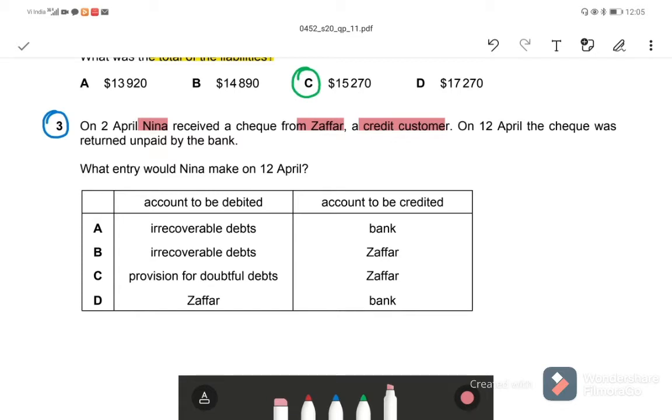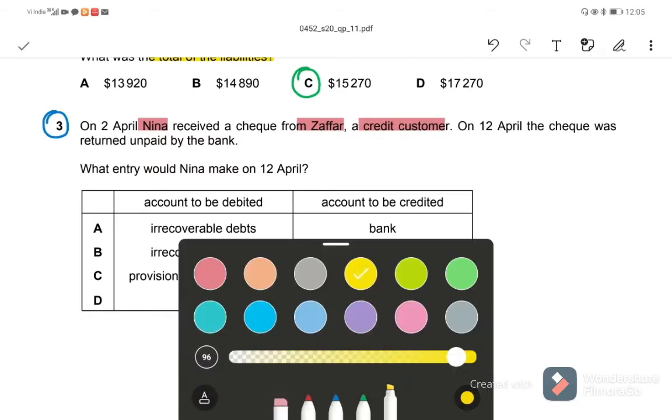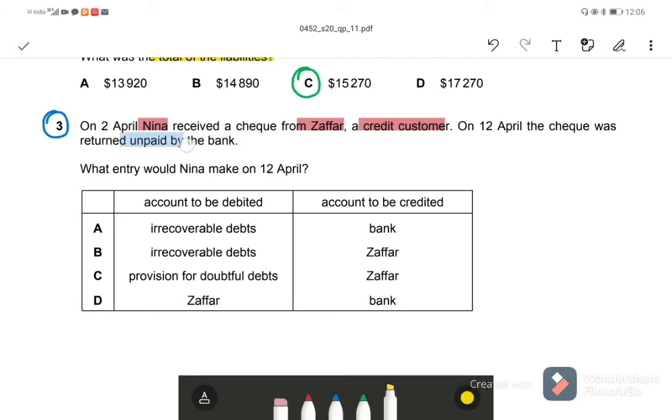On 12th April, the check was returned unpaid by the bank. Check returned by the bank means dishonored check. So, when Nina receiving check from Zafar, bank account debit and Zafar is credited. Then what entry would Nina make on 12th April?